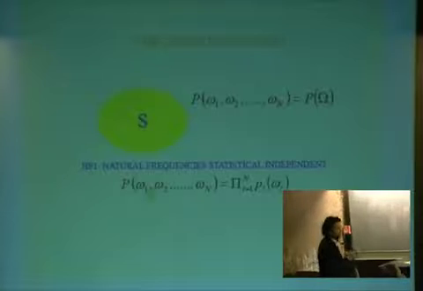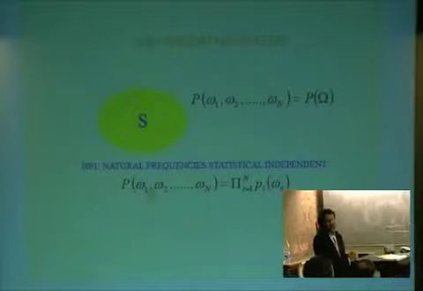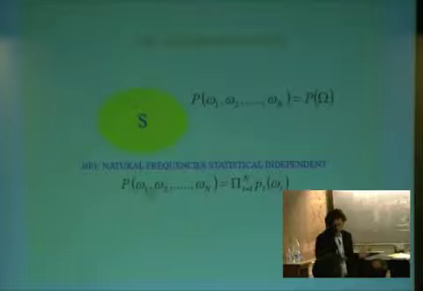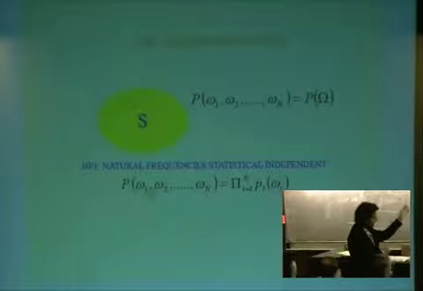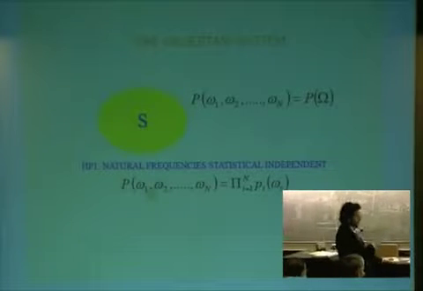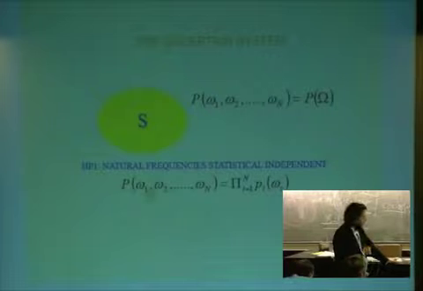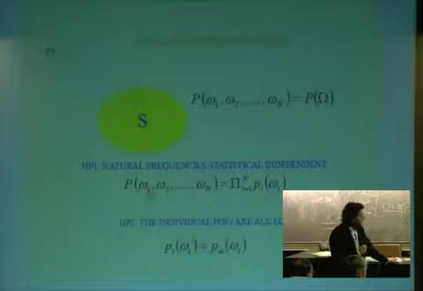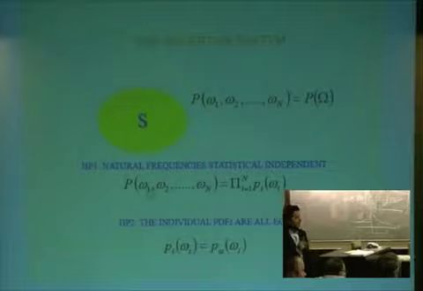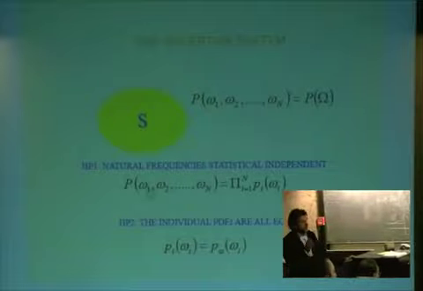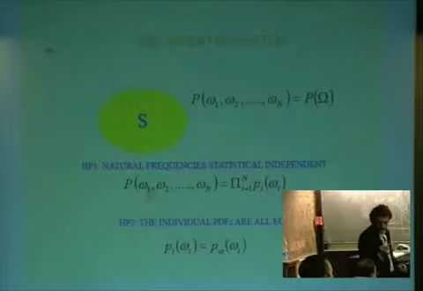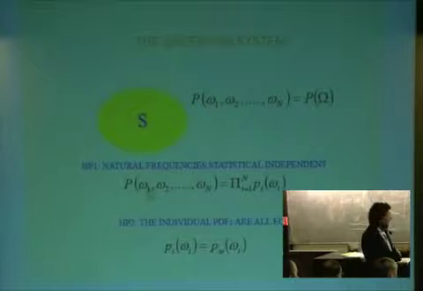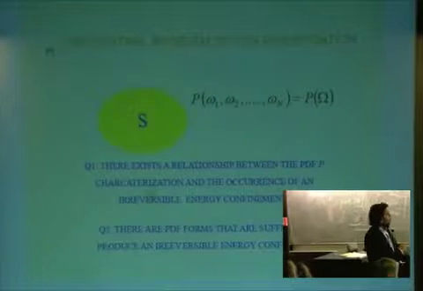And so the first hypothesis is that the natural frequencies are statistically independent. It's something that we can assume. So we have just the product of the single individual probability distribution for each frequency. Second hypothesis, the individual PDFs are all equal, meaning that we just introduced one variable in our problem. So it can be generalized, but it is a little bit complicated.